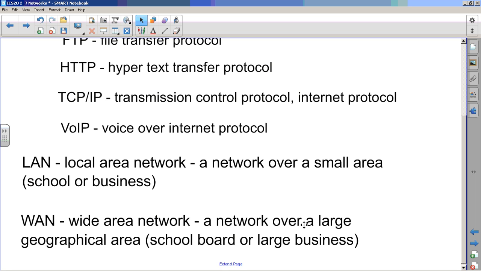We all share one internet connection, and when the main server goes down in Clinton, nobody in the whole network gets any internet access. That's the wide area network. That would be all the schools, or a large business. For instance, all of the TD banks would be connected over a WAN, a wide area network.